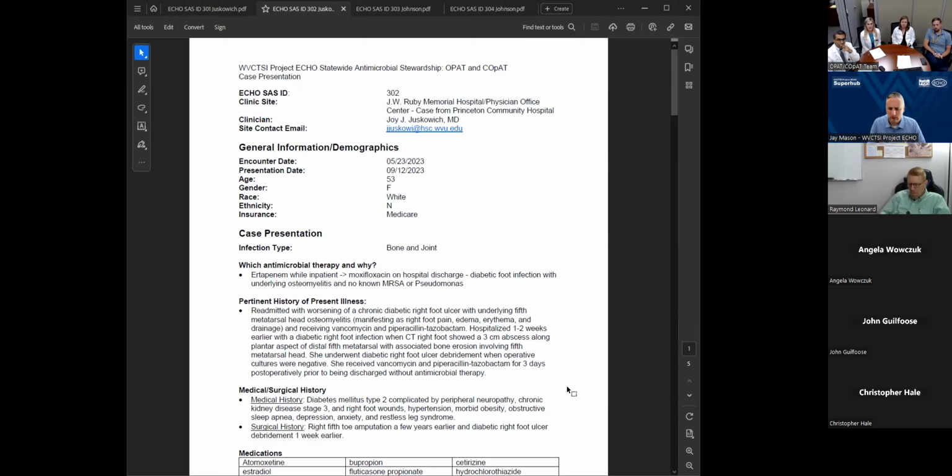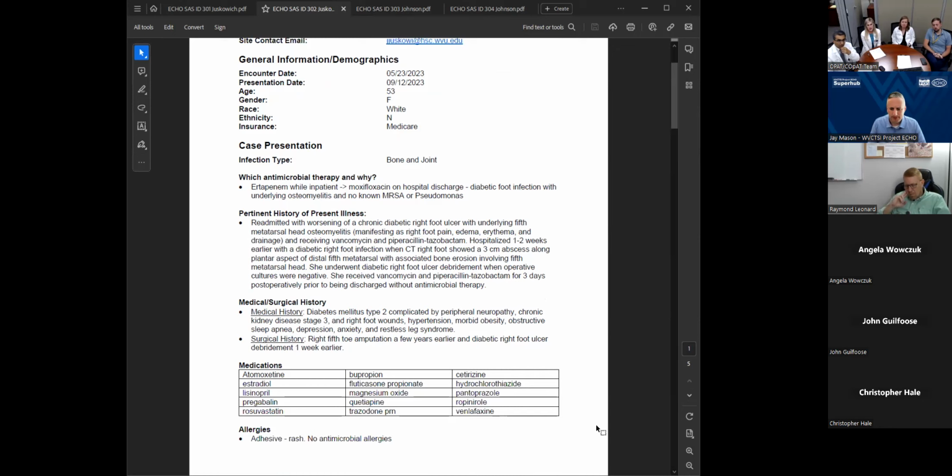Her medical history includes diabetes, which was actually well controlled but complicated with peripheral neuropathy, chronic kidney disease, and right foot wounds. She had previously undergone a right big toe amputation a few years back, and has hypertension, morbid obesity, and some mood disorders.